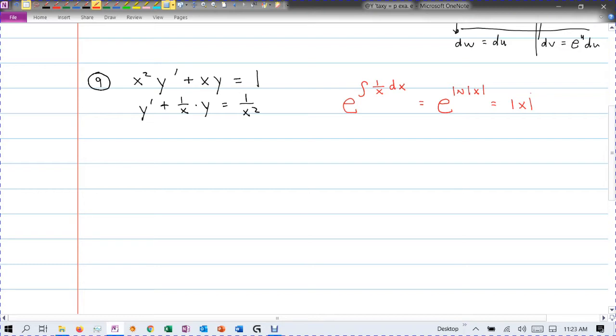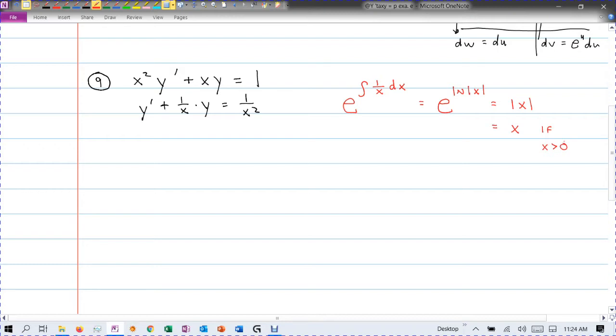Assuming that x is greater than 0, we can proceed to make this just x.